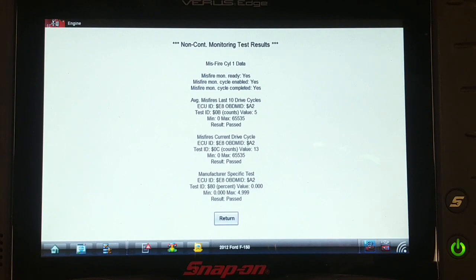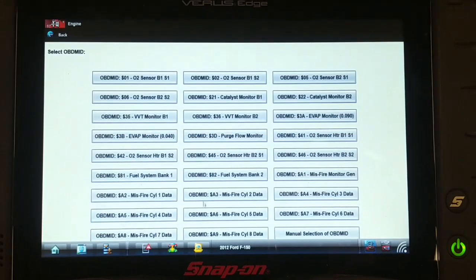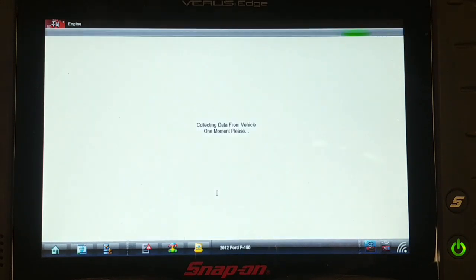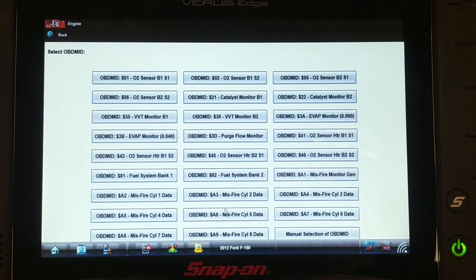So that misfired 5 times. Misfire on cylinder 2. This is the one that I think I had a recording of. Last 10 drive cycles, 343 times. So cylinder 2 could be an issue.